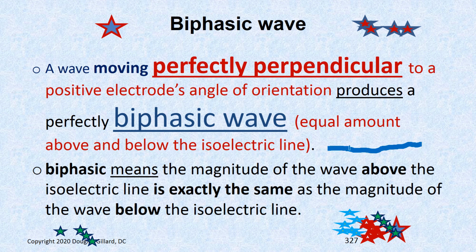Here, I'll try to draw it with the best of my abilities. That's pretty much a biphasic wave. That means the up part of the wave is just as great as the down portion. Positive is as great as the negative. And if we see that, we know then that the camera is looking right this direction. A little better camera. There's the camera's view. If you can understand that, you're going to be just fine on figuring out these mean electrical axes. Okay.